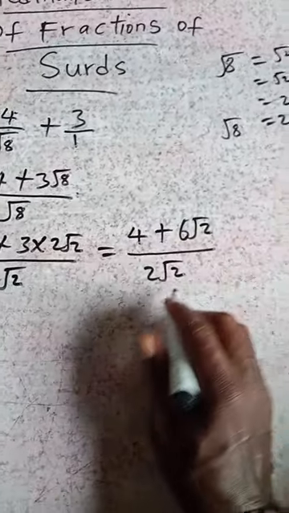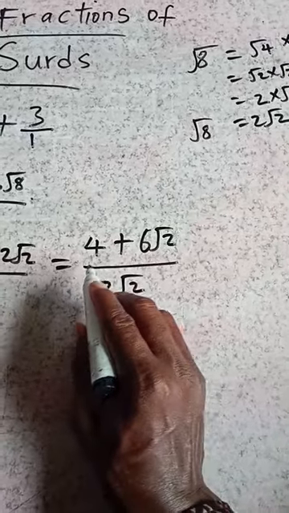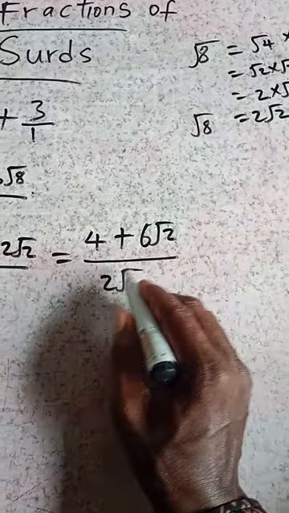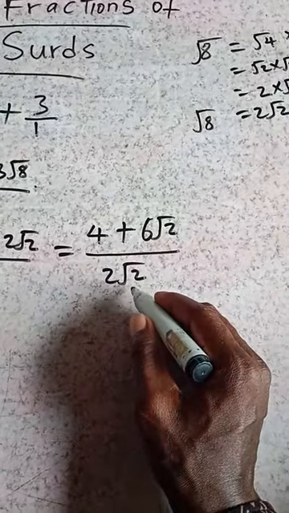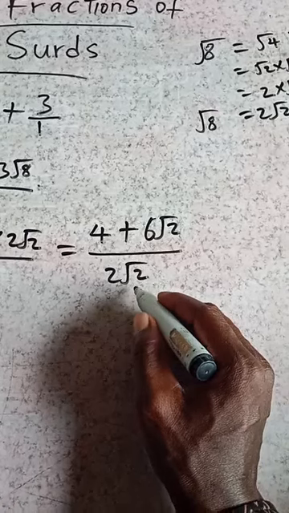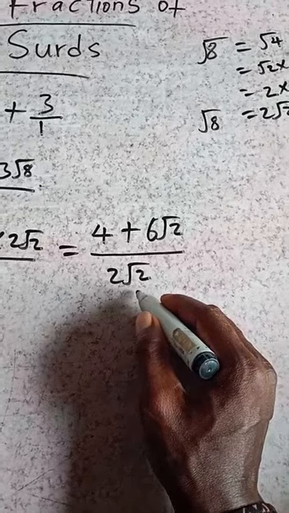So what we have here is 4 plus 6 root 2 all over 2 root 2. You can see that the denominator still has a root, and we cannot allow that.